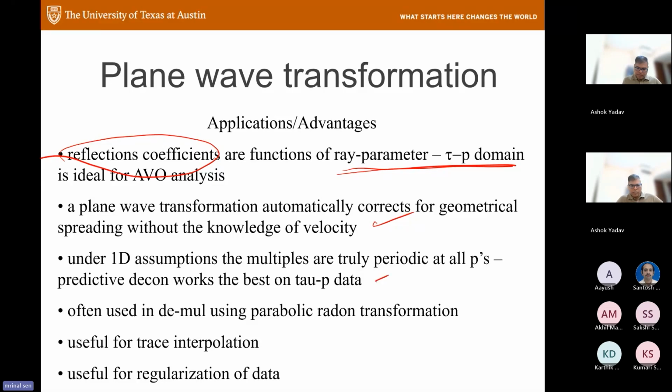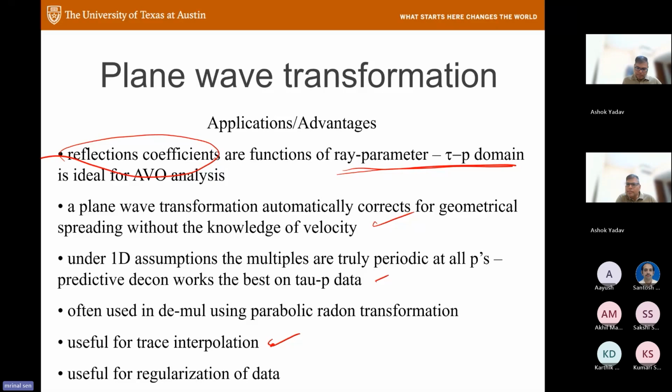Sometimes we use something called the parabolic Radon transform, but this is a different concept altogether. I've seen some people applying this algorithm for trace interpolation and regularization of the data. It's very unfortunate that in the industry, people don't want to hear about plane waves and tau-p. They want to hear about angle.